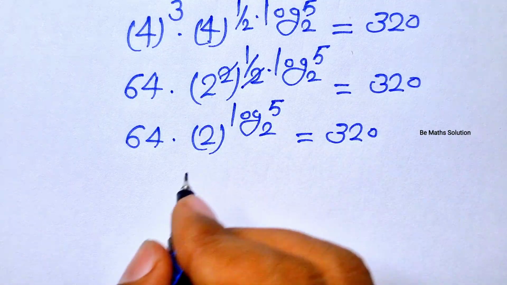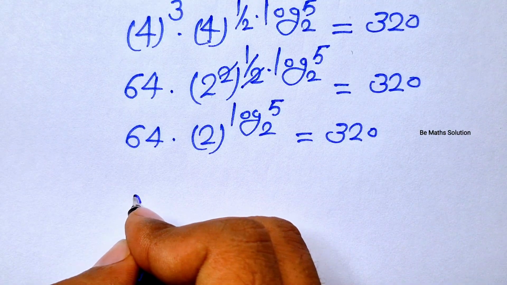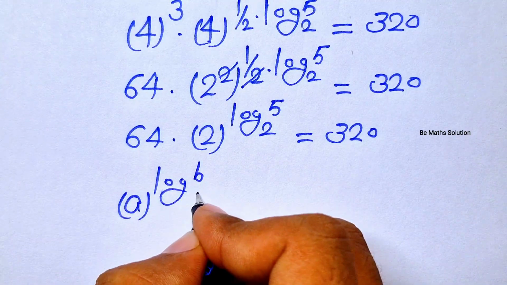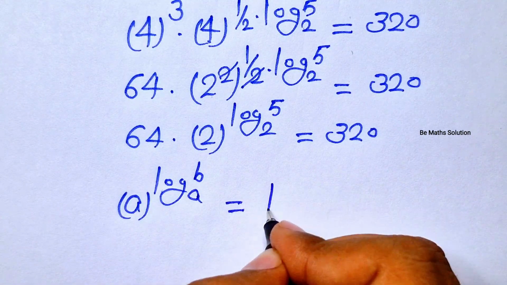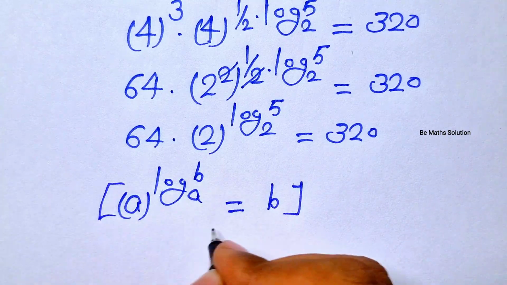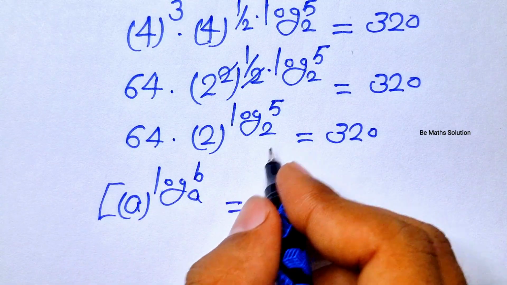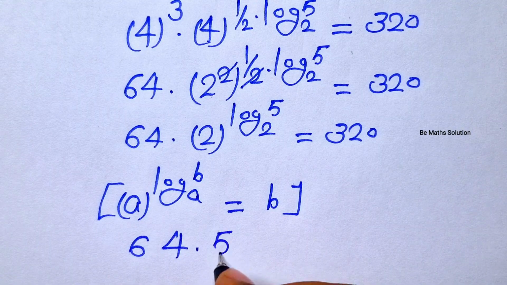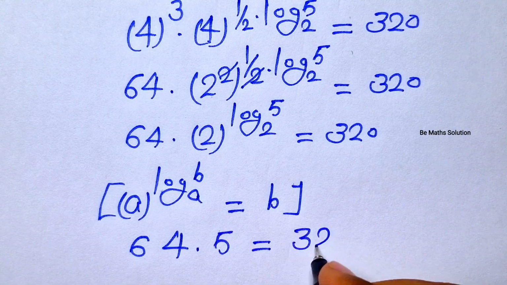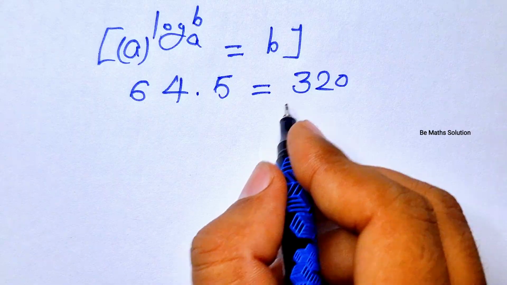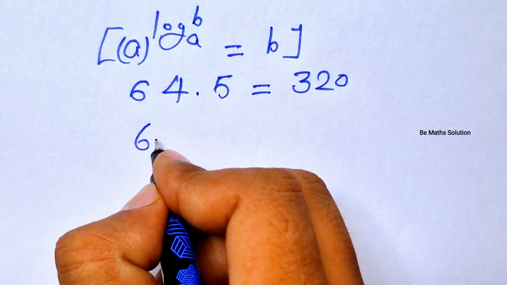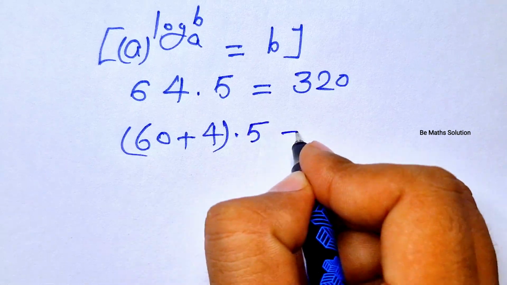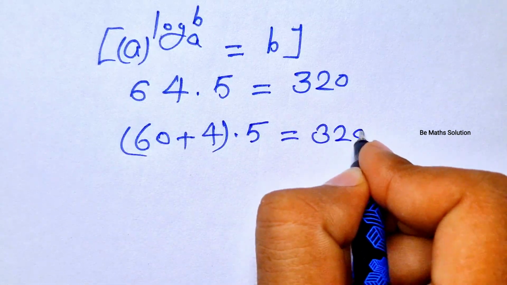This part is in the form of a to the power log of b base a is equal to b. So we will apply this logarithm rule from here. So it will be 64 times 5 is equal to 320. Then here 64 is the same as (60 plus 4), times 5 is equal to 320.